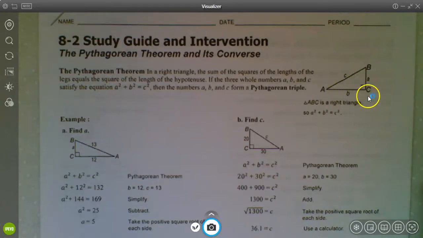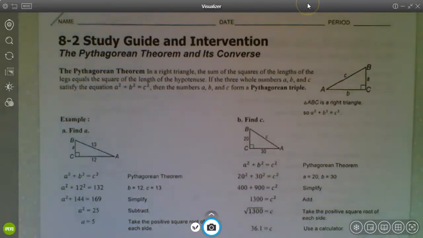As far as looking at the side lengths, you see that there are two segments right here that form the right angle. Those two segments are called the legs of the right triangle. The segment that is across from the 90 degrees is called your hypotenuse.